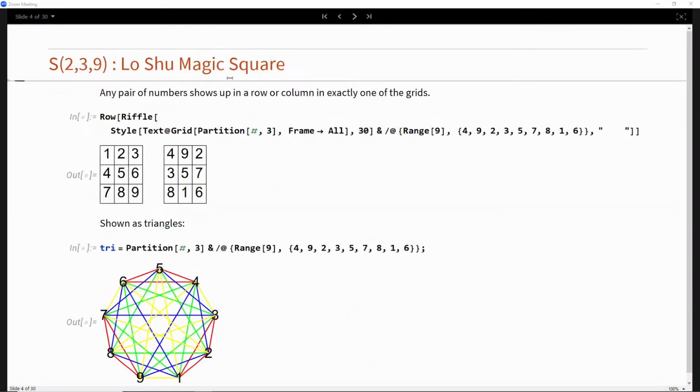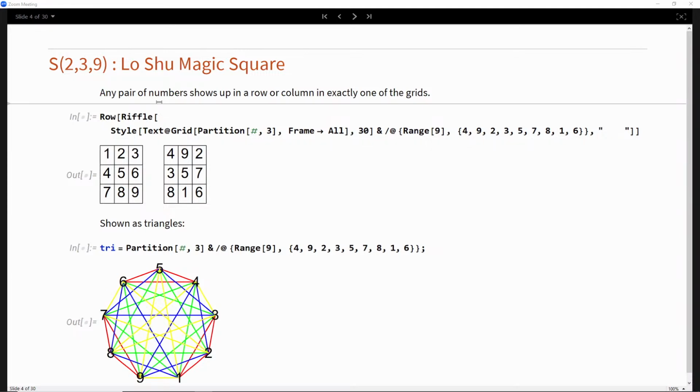Here's a slightly more complicated Steiner system based on the Lo Shu magic square. So we have 9 elements this time, and we're looking at any pair. And we can do that with 2 different squares. One is just the rows and columns of 1 through 9 in order. For example, 1, 4 is in the 1, 4, 7 column.